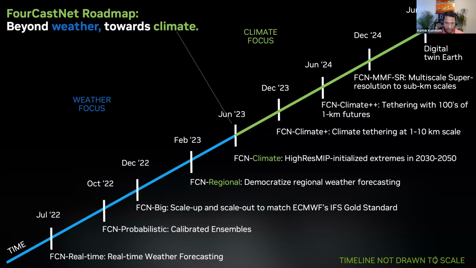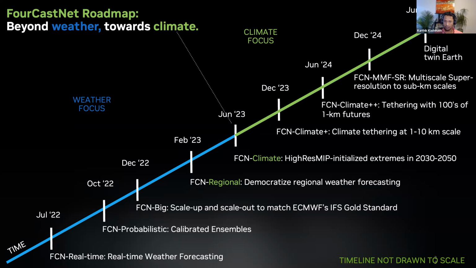In October, in December, we've scaled these models out to get close to the IFS gold standard. We're continuing to push that boundary. We're starting to develop regional versions of the model. So you can imagine having a nested, much higher resolution model within a global 25-kilometer model. And this is an exciting avenue and could potentially help democratize regional weather forecasting.